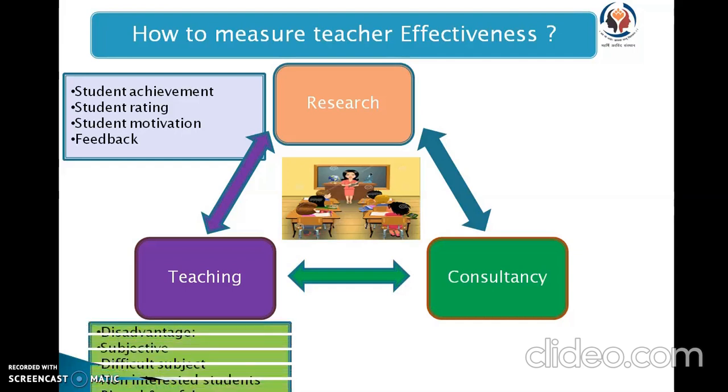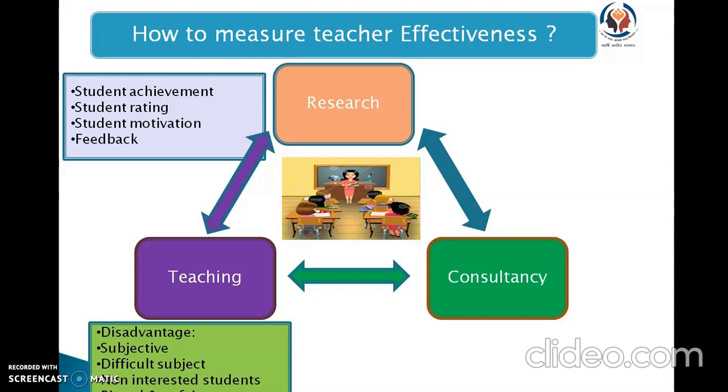But these factors have some disadvantages. They are subjective, while they should be objective. Second disadvantage is the difficulty of subjects. Some teachers may be teaching a very difficult subject, some may be teaching an easy subject. So the feedback will differ.